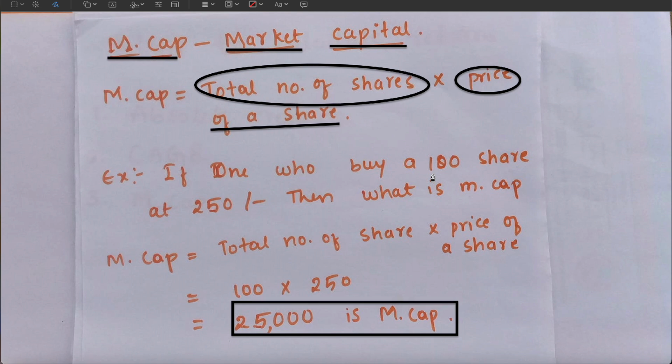For example, if I buy 100 shares of ABC company at 250 rupees per share, MCAP is the total number of shares, 100, into 250 per share, which is 25,000 as the MCAP.